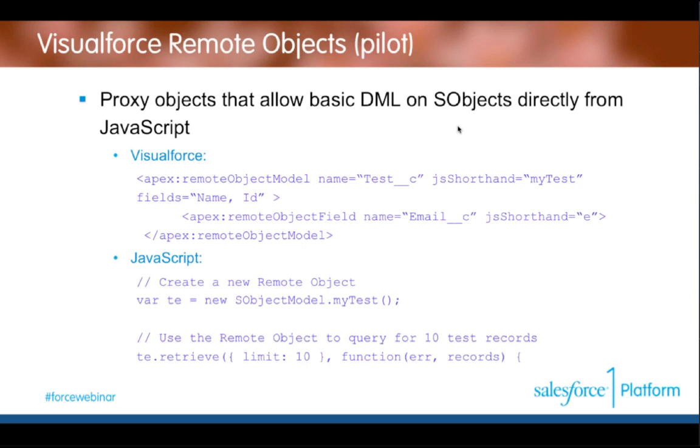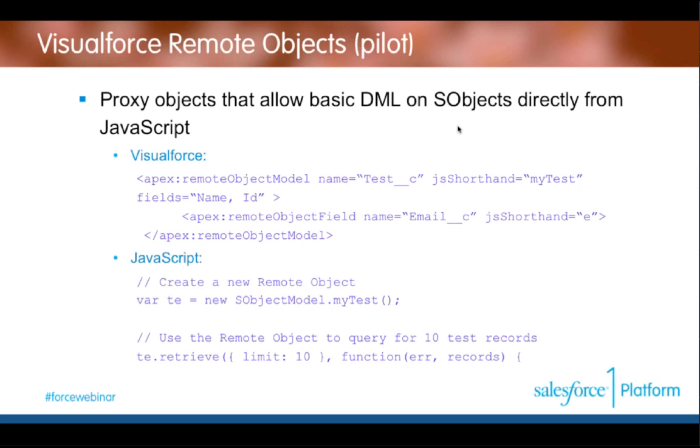The difference between doing that and the next tag, the remote object field, is that the fields listed in the remote object model don't have a shorthand, but if you use the object field, then the fields function the same, except now you're given an opportunity to create a shorthand for it. So it's really simple that way.